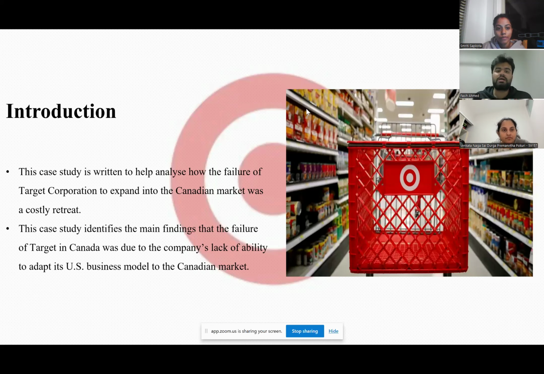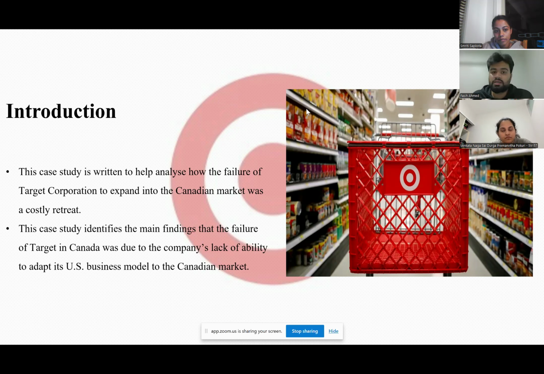The Target Canada case is a classic case in international business and retail strategy study. This failure is interesting to study because it reveals the complexity of market entry and expansion for large, well-developed companies such as Target. The topic was chosen to analyze the strategic missteps and operational challenges that tanked the company as soon as it reached a foreign market.